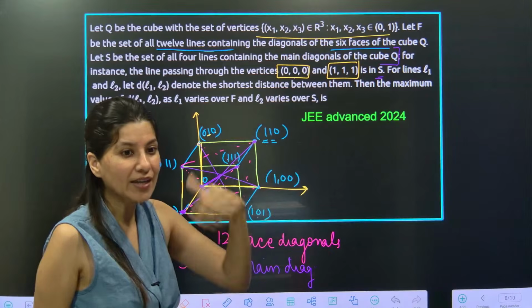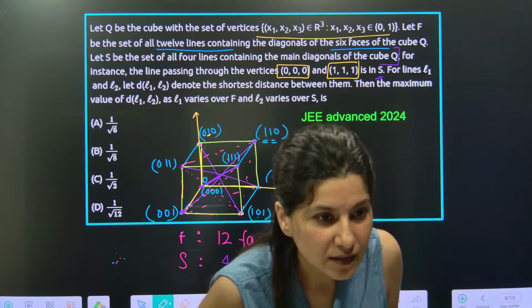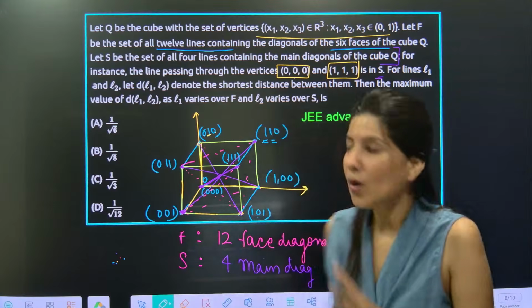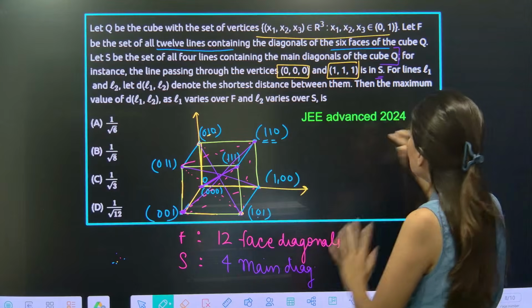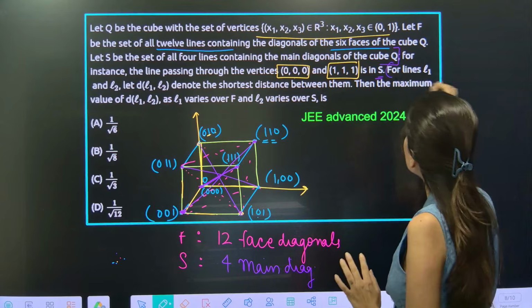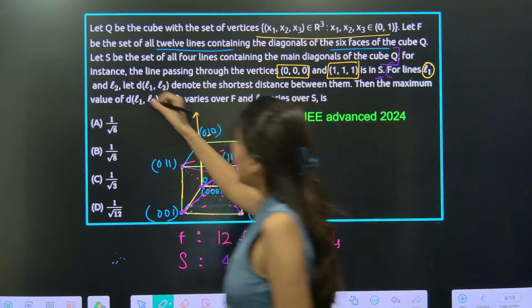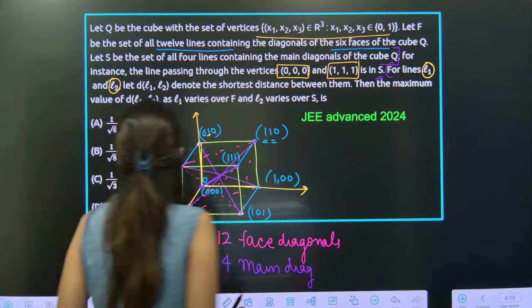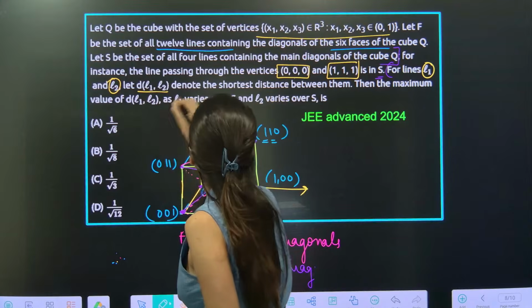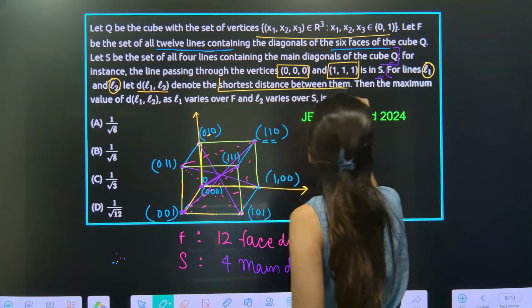Till now what we are doing is understanding the diagram. Now we will read. The question starts from here. For lines L1 and L2, the distance d(L1, L2) denotes the shortest distance between them.